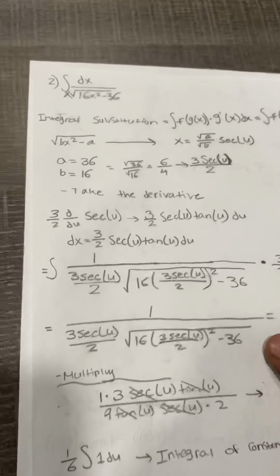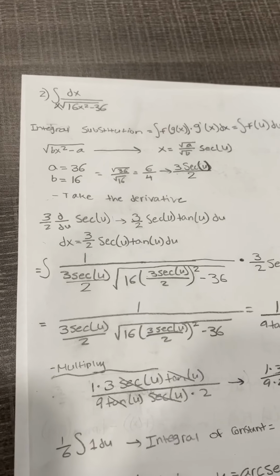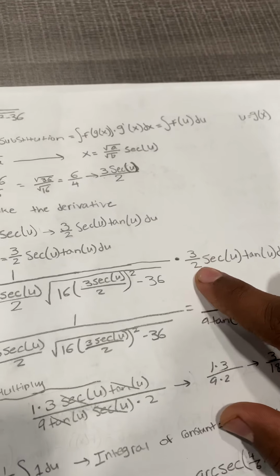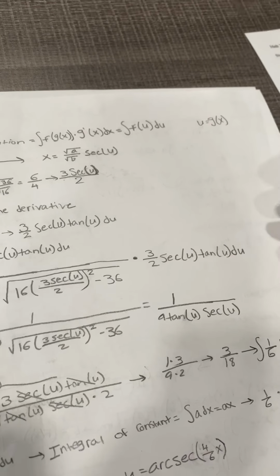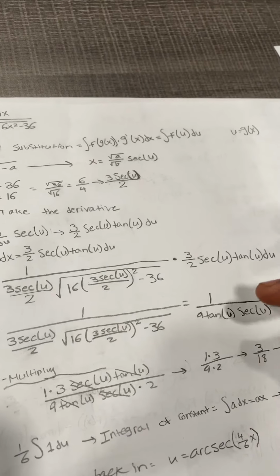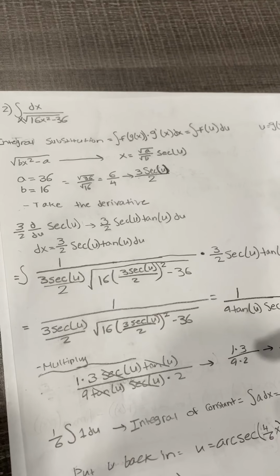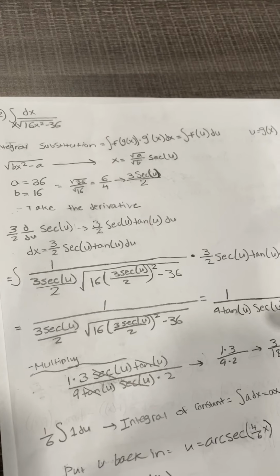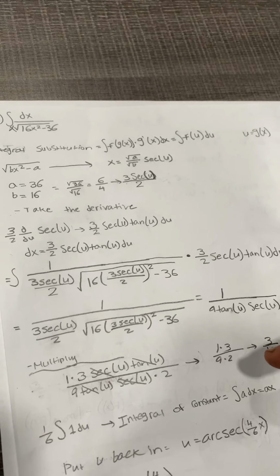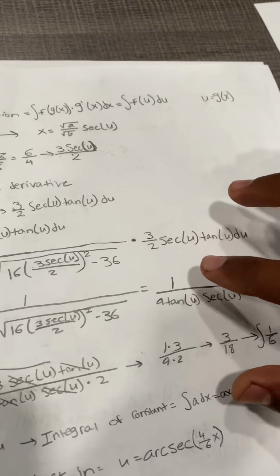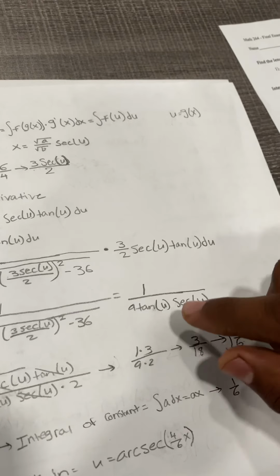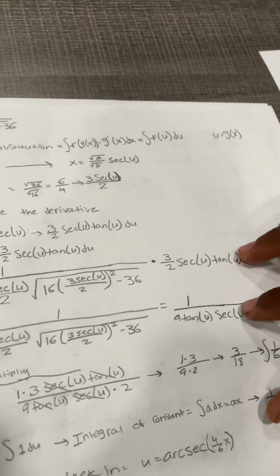So now we come down to the bottom, where after we multiply 3 over 2 secant u tan u du, we get 1 over 3 secant u over 2 times the square root of 16 times 3 secant u over 2 squared minus 36, which equals 1 over 9 tan u secant u.